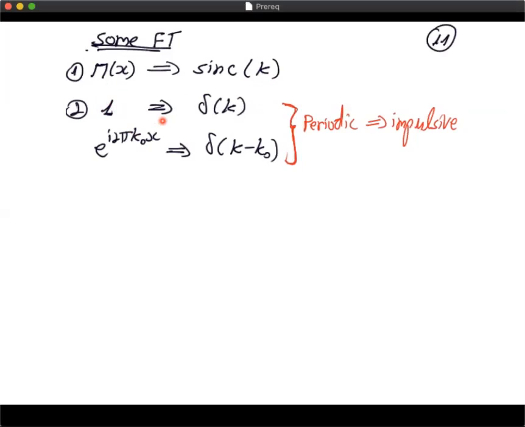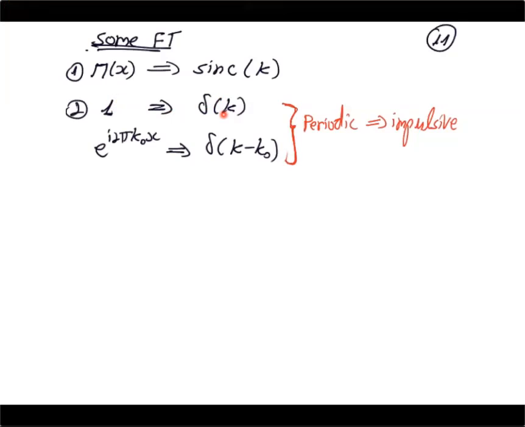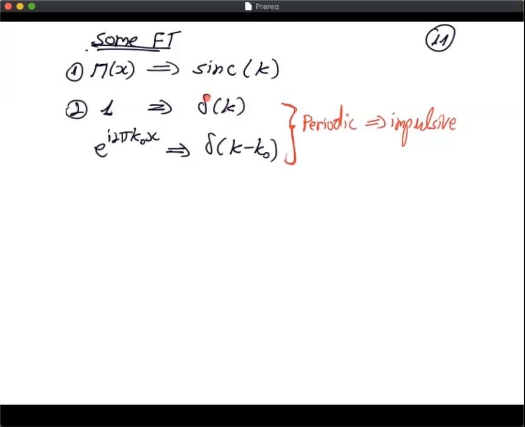In that case, the Fourier transform of it will be an impulse function at k equals 0. Because if we compute the frequencies of something that's constant, it's pretty much an impulse at 0. All right?